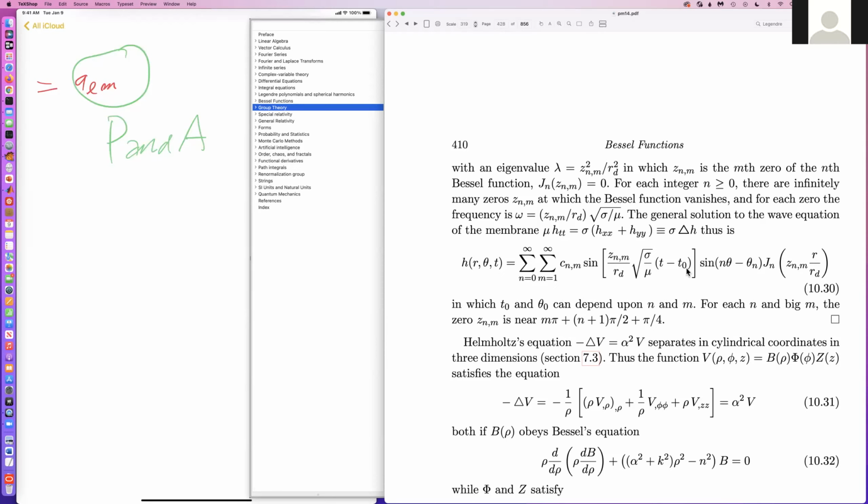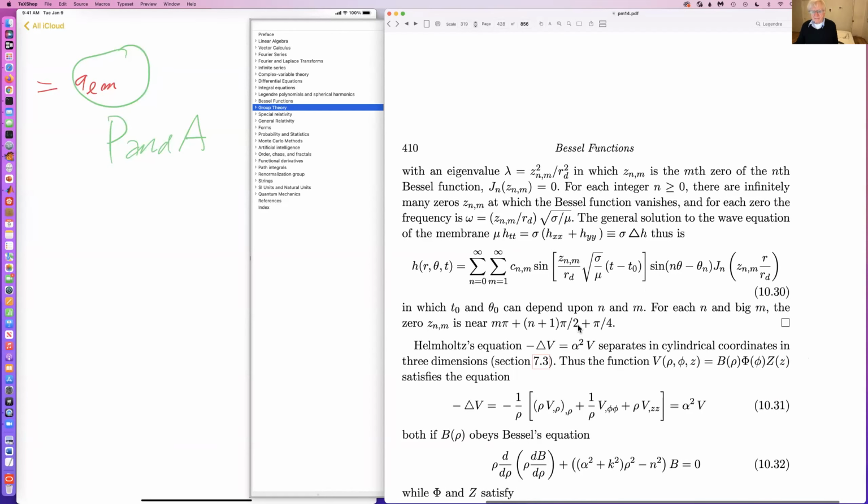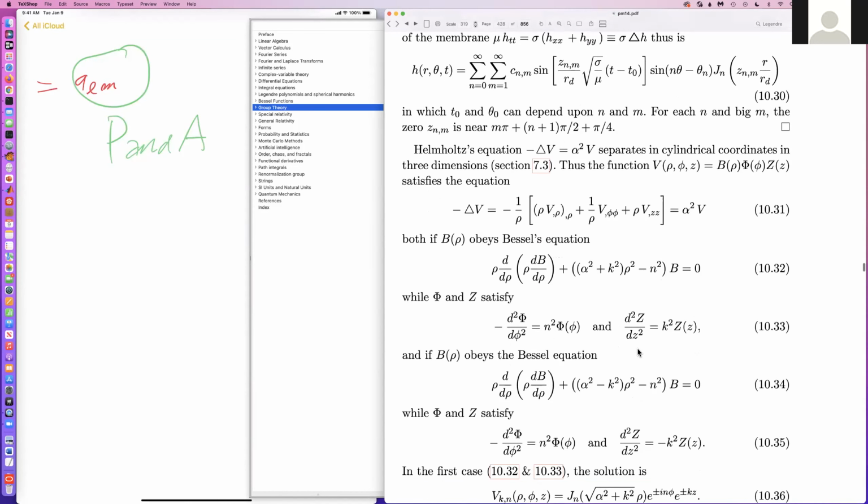It might be a t0 sub n. I'm not sure. Anyway, I say they can depend on n and m. Anyway, the zero z_nm for big n and big m is approximately that. So this is how the drum beats.